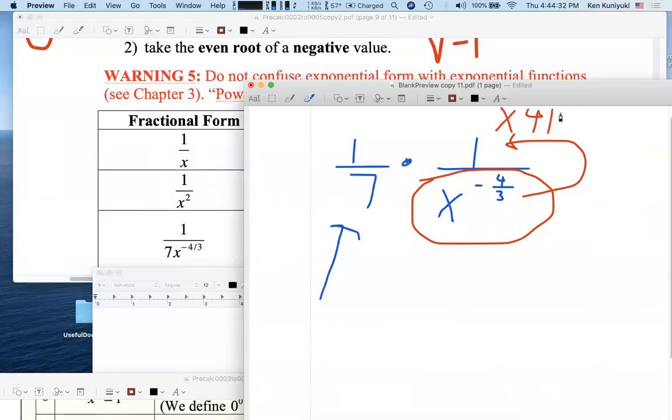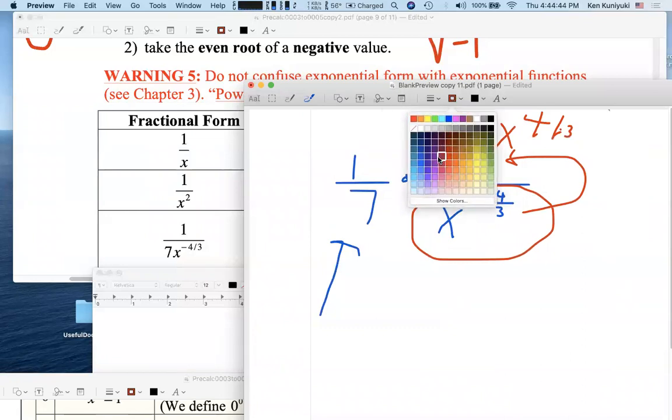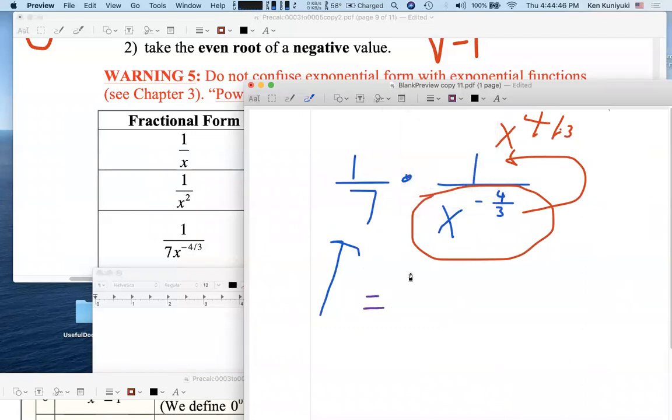So we can think of this as 1/7 times x to the positive 4/3, which you could then move up to the numerator if you like. 1 times that is that, so you can move this up to the numerator.